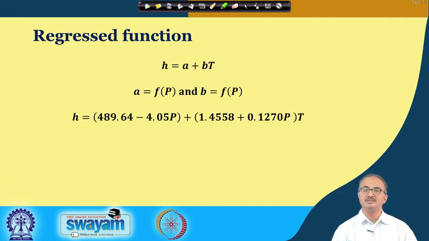After obtaining A and B as functions of pressure, we can write the total expression, putting in the P dependency of A, the P dependency of B, and the temperature. Now you can see that this enthalpy expression has both temperature and pressure dependencies.